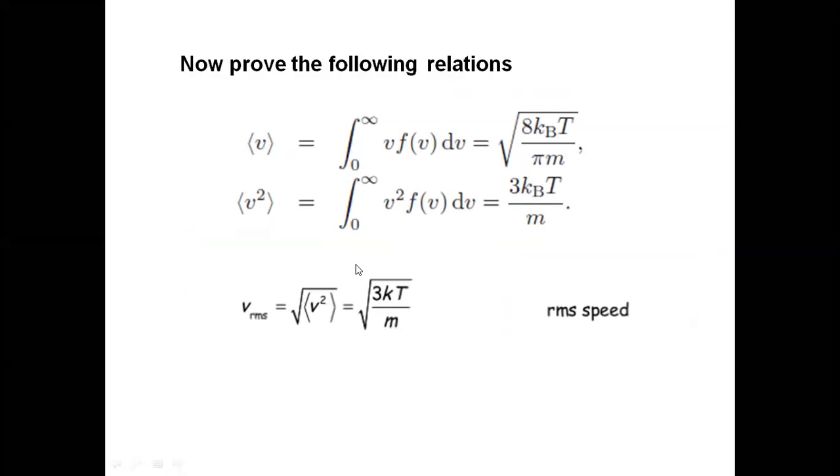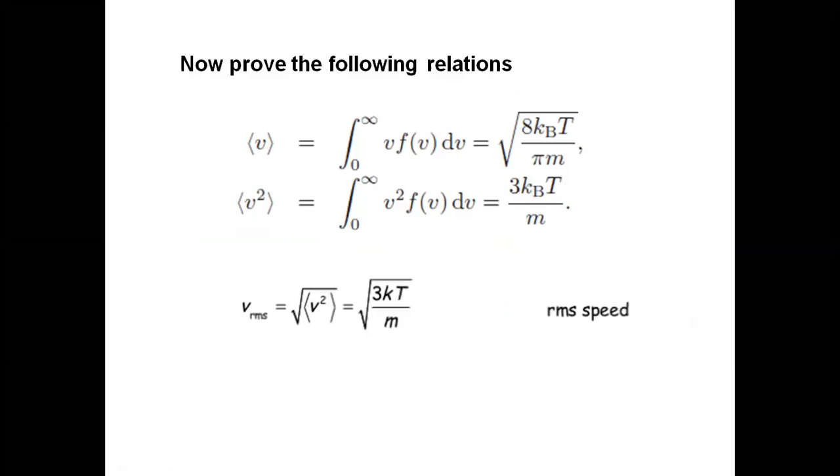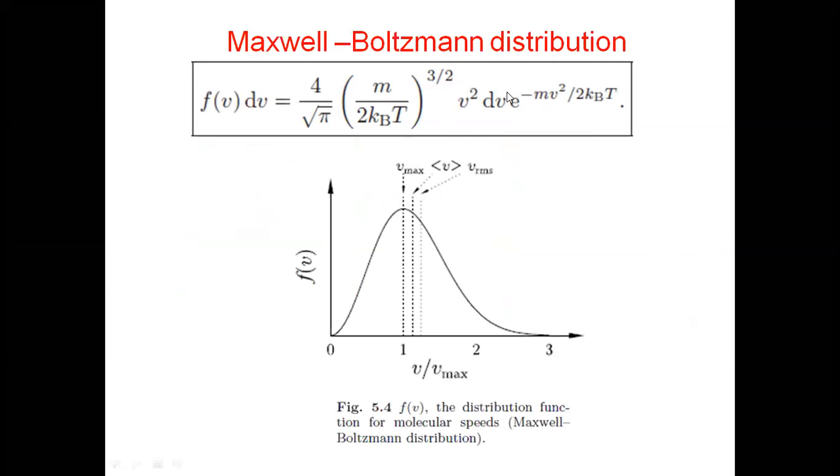So we have to do this integral, simplified after substituting f(v) dv. We have to do this integral in the same form as these relations. In this case, we make the exponent e to the minus alpha v squared, this is f(v) dv.